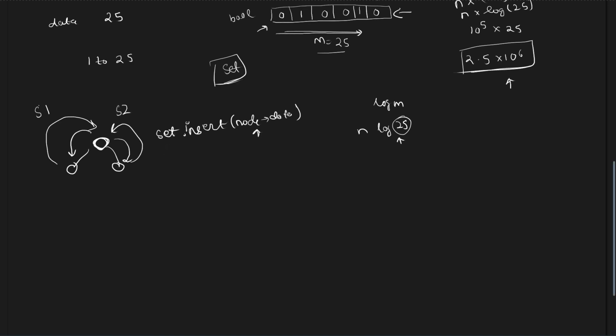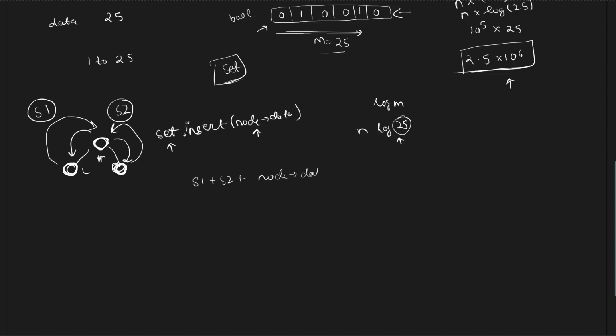I am going to insert all the values of set 1 and all the values of set 2 in my original set. So what are set 1 and set 2? Set 1 is the set of unique elements in the subtree of the left node, and set 2 is the set of unique elements in the subtree of the right node. When I get all of this information in the current node, I'm just writing it like this: set 1 plus set 2 plus node data.